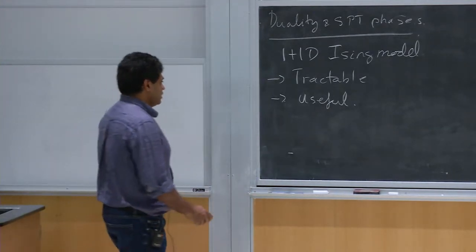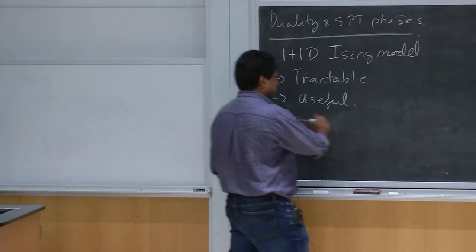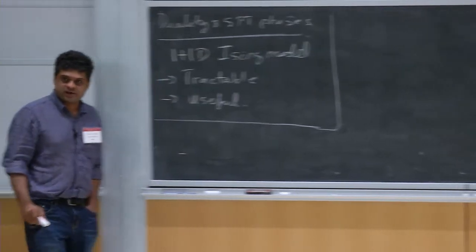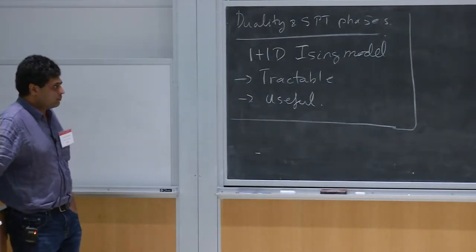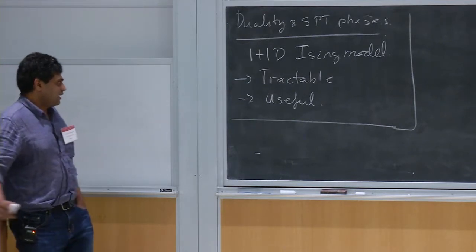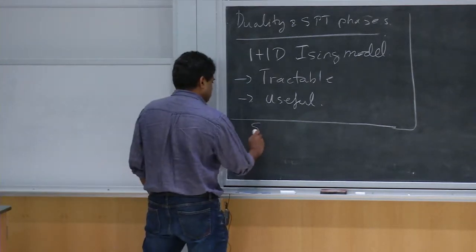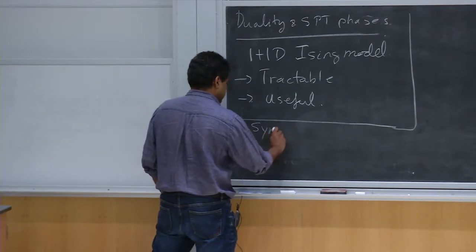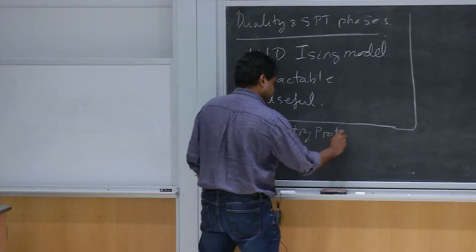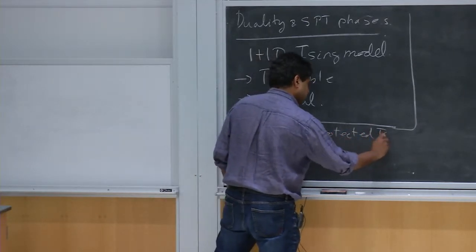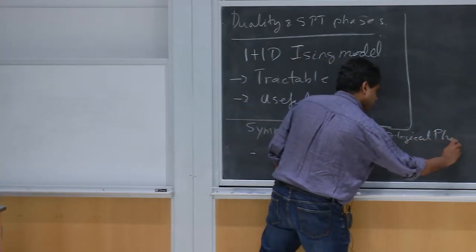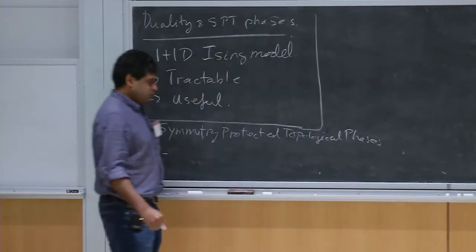And then I'm hoping to draw some analogies with the higher dimensional dualities rather than trying to derive them. I'll try to point out how they're similar, and then finally if I have time I'll talk about topological phases of a simple kind, the symmetry protected topological phases.